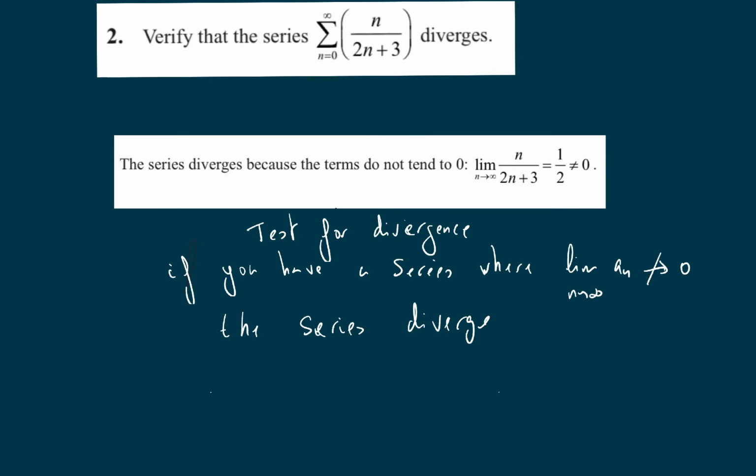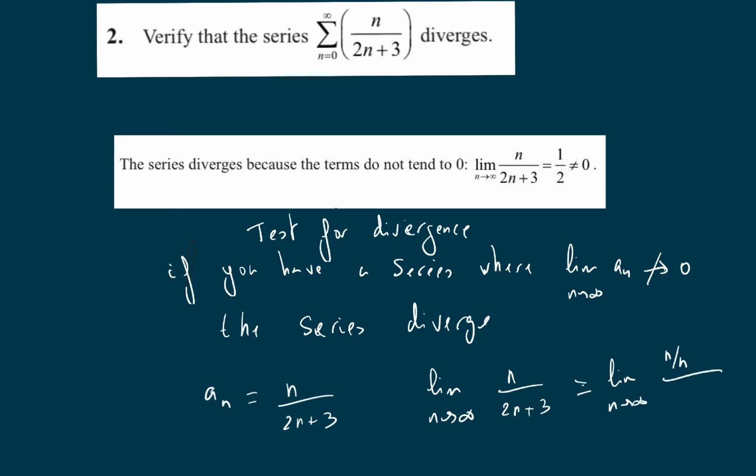So a sub n, in this case, is n divided by 2n plus 3. And the limit when n goes to infinity of a sub n goes to the limit of n divided by n, 2n divided by n, 3 divided by n.